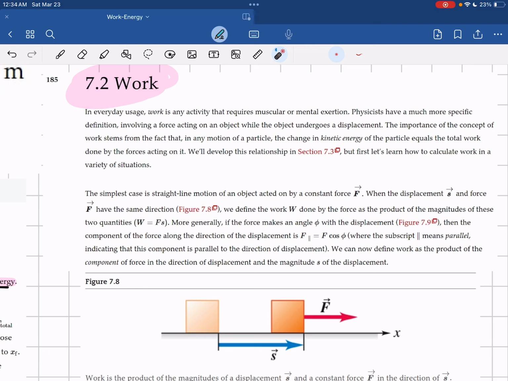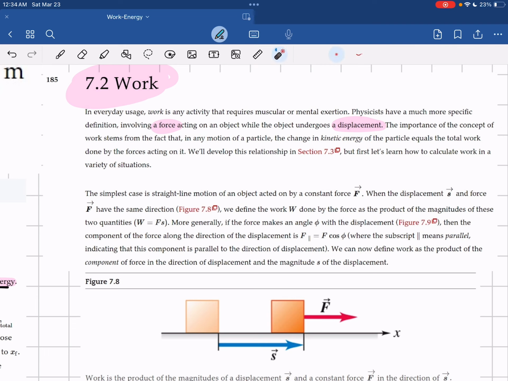So the work that we usually know in our daily life, like, oh, I worked a lot today, I worked a lot to earn a living, that kind of work in everyday usage is a little bit different from the way work is defined in physics, okay? And here it has to involve a force and some displacement. So let's see how they connect to each other.